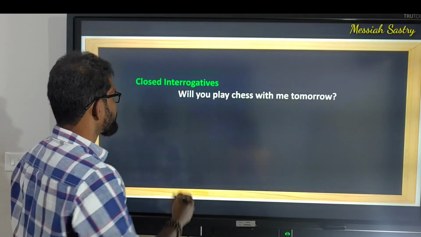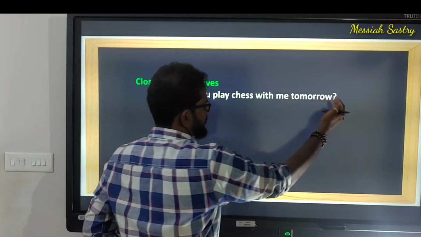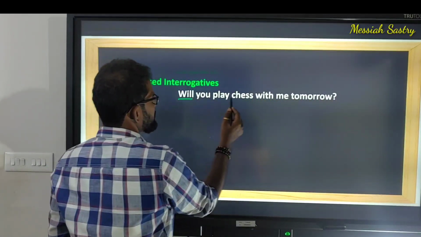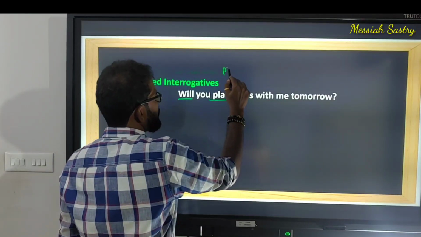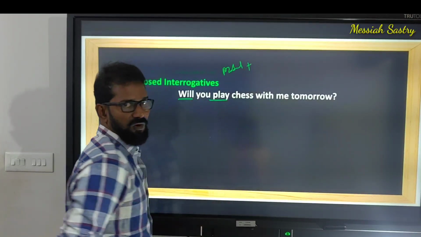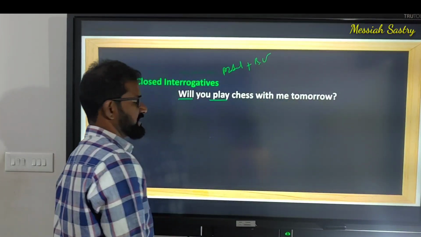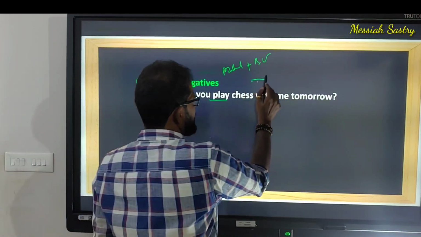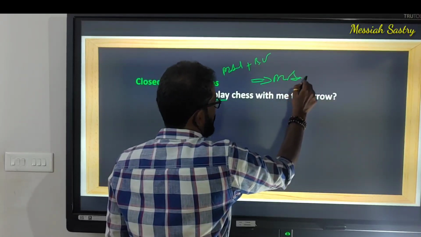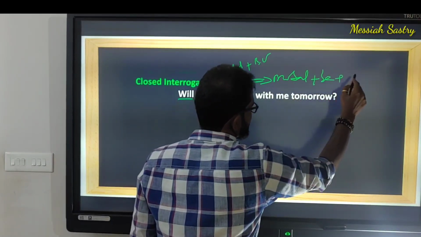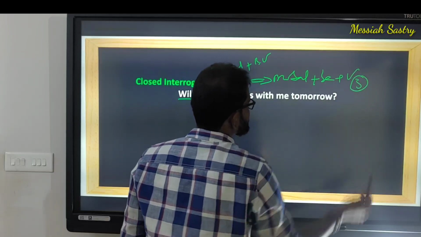Next question. Will you play chess with me tomorrow? Will play. Will is a modal. Modal plus base form, or bare infinitive. Now the passive form is modal plus be plus V3.